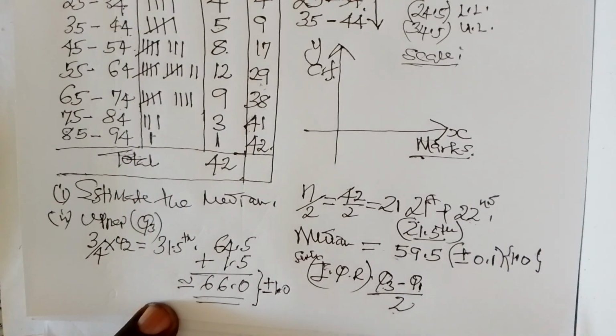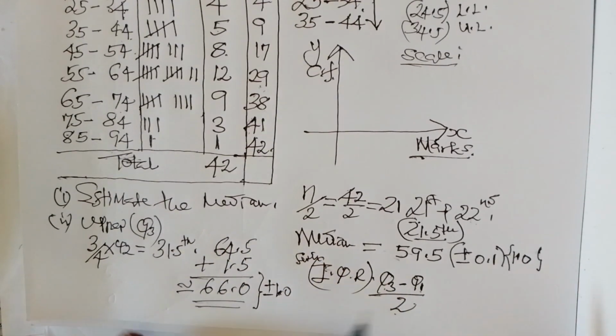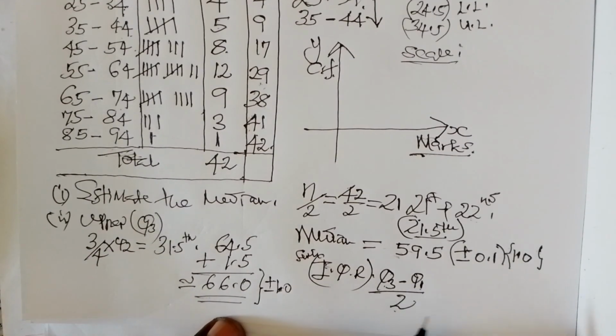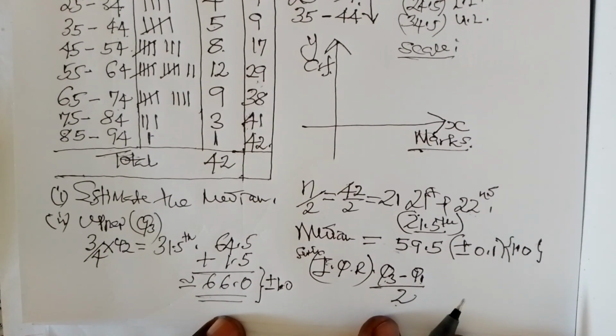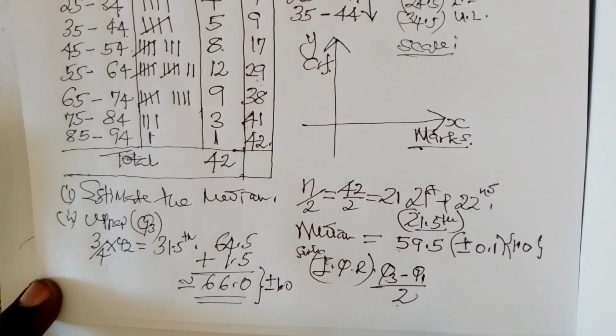We already have our upper quartile. We need to go back to the graph and get the lower quartile. The lower quartile will be given by what position of the data?